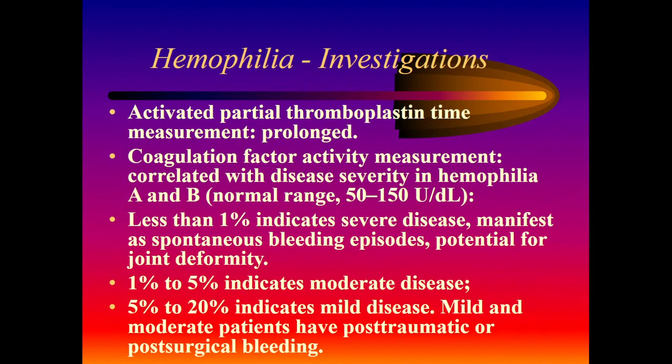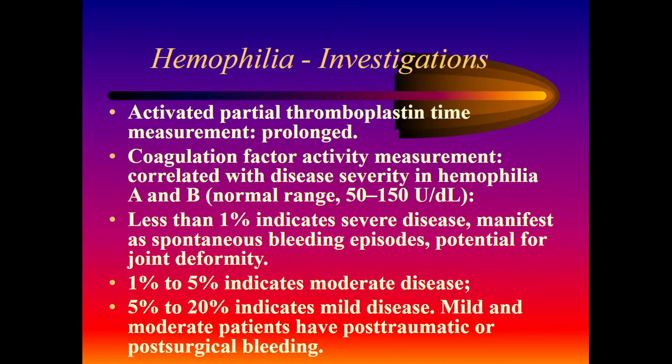Activated partial thromboplastin time is prolonged. Coagulation factor activity measurement correlates with disease severity of hemophilia A and B. The normal range is between 50 and 150 units per deciliter.